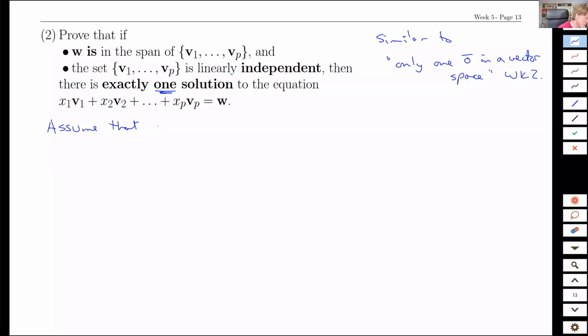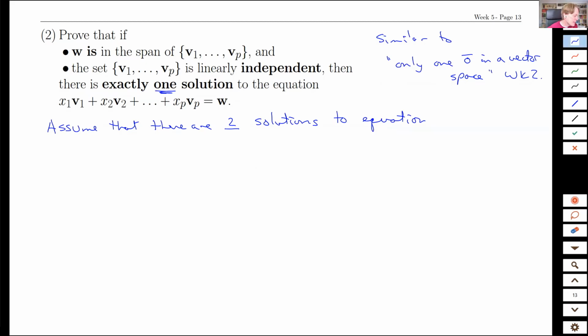And in fact, we're going to assume that there are 2 solutions to the equation. And so again, the reason we're assuming that there are 2 solutions is because we're going to say if that's the case, we do some work and we show, well, actually, those 2 end up being identical to each other.